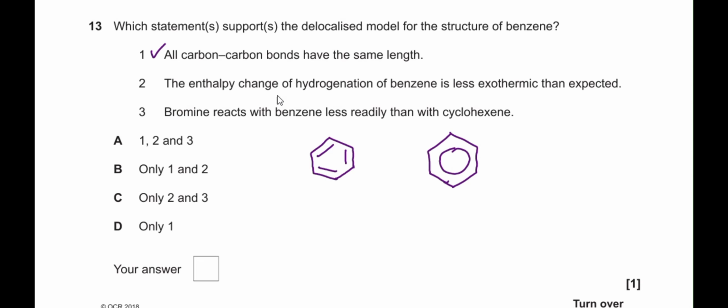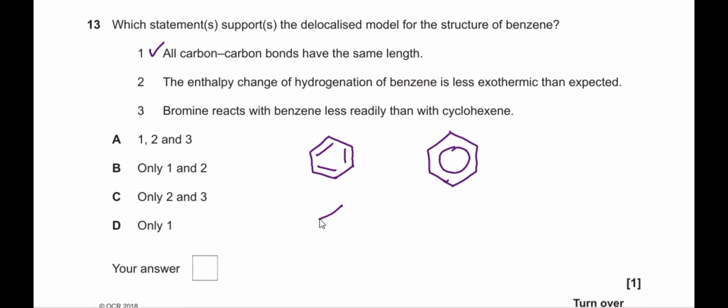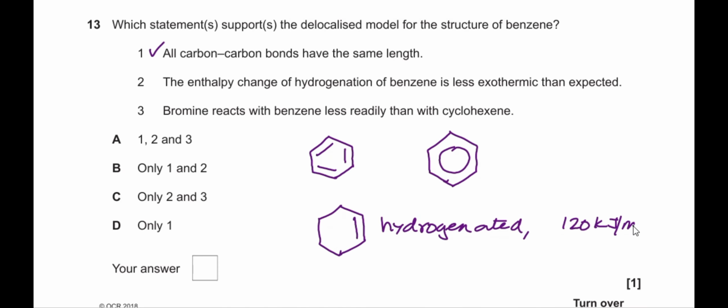Second, the enthalpy change of hydrogenation of benzene is less exothermic than expected. When cyclohexene, a compound similar to benzene but having just one double bond, was hydrogenated, it was found to release 120 kJ per mole. That means the enthalpy of hydrogenation for cyclohexene was minus 120 kJ per mole.